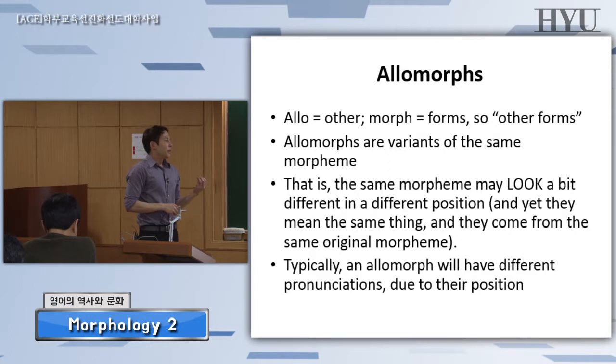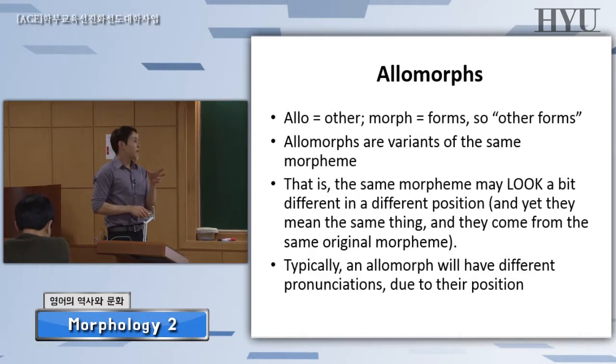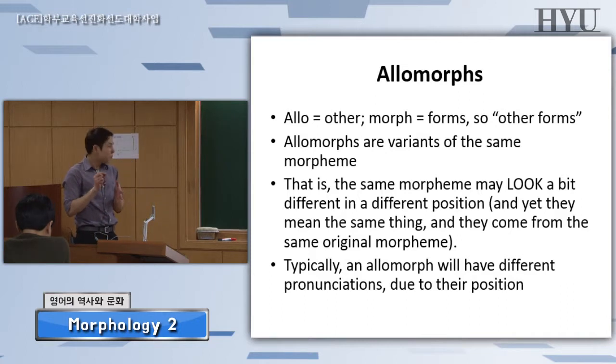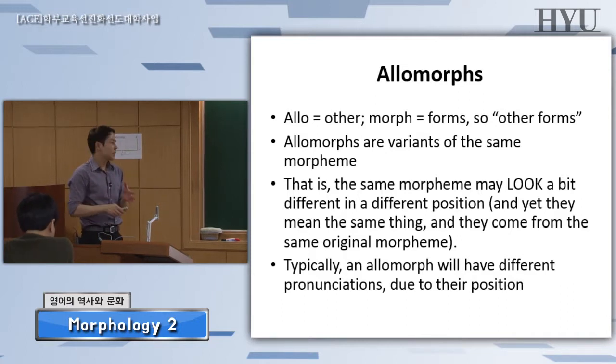They may look a bit different in different positions, but because they mean the same thing and have the same origin, they are recognized as the same morpheme, even though they may look different.